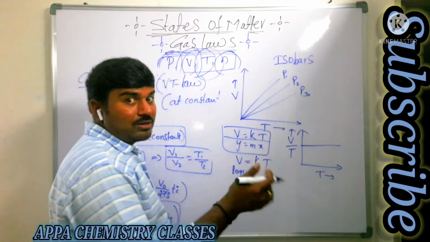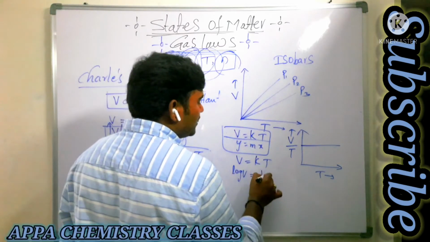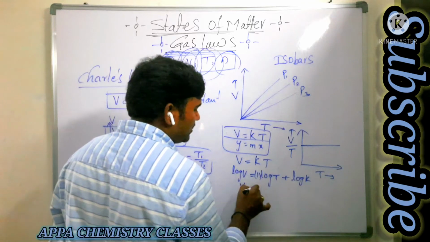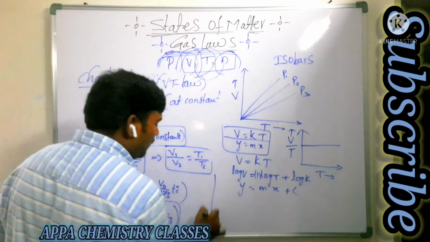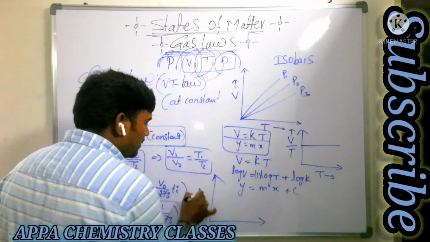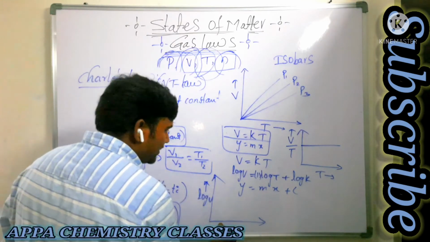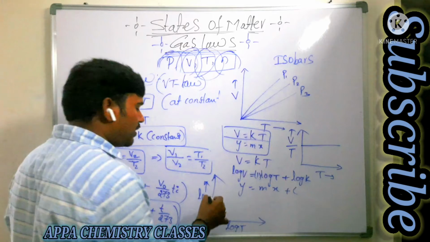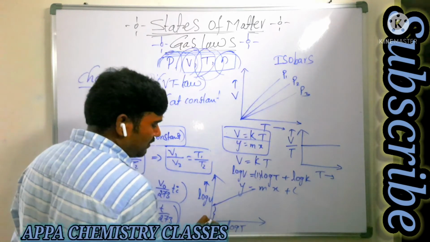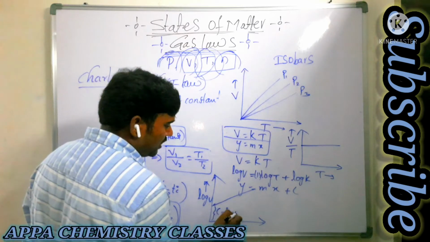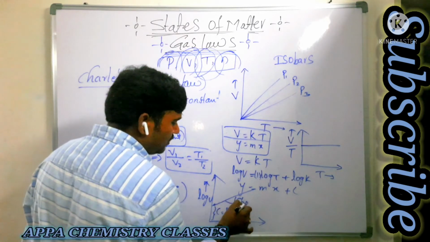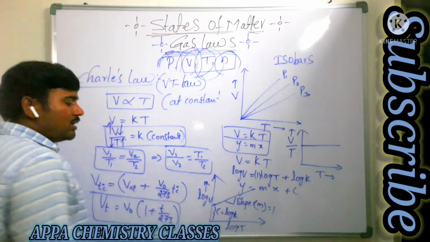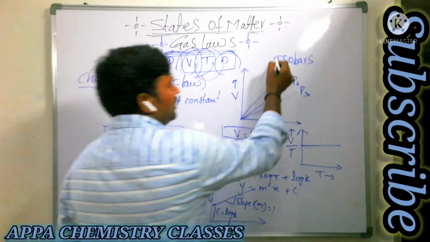Log V, using log AB is log A plus log B, is log T plus log K. So in this case it is 1 into log T plus log K, of the form y is equal to mx plus C. When plotting the graph, on the y-axis we take log V and on the x-axis we take log T. Here we get a positive slope, with some intercept, that is C is equal to log K. What is the slope value here? Slope m is equal to 1. Is that clear?